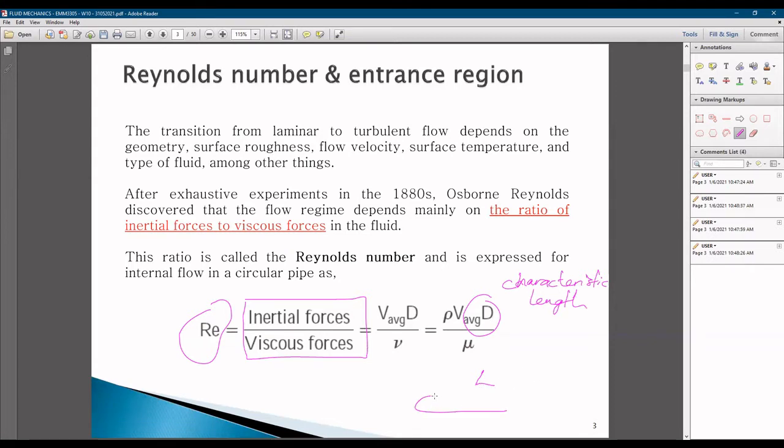If you are talking about the wing, this could be the shape of the wing itself. So this length is the chord length, and C would be used here. So it becomes rho V C over mu, instead of D, if you are talking about the wing of an aircraft.